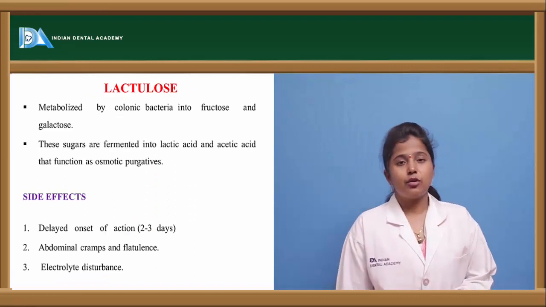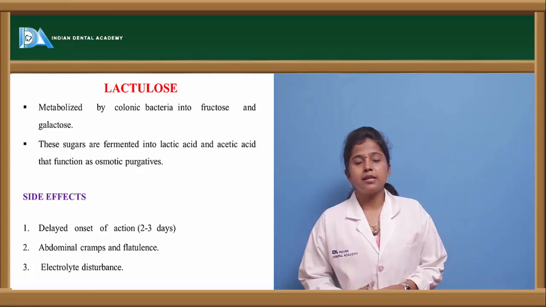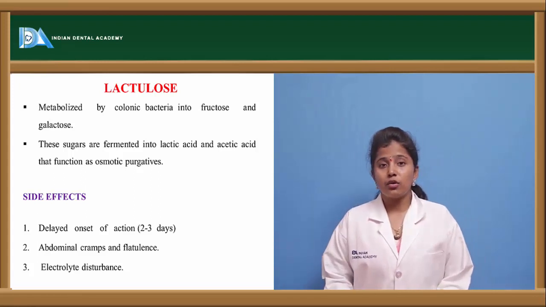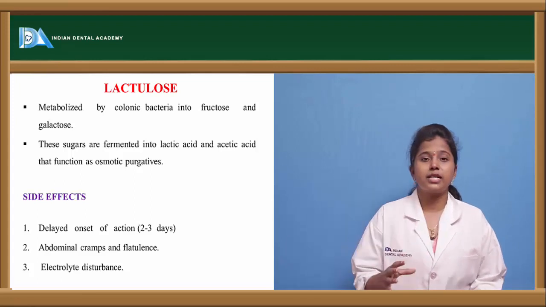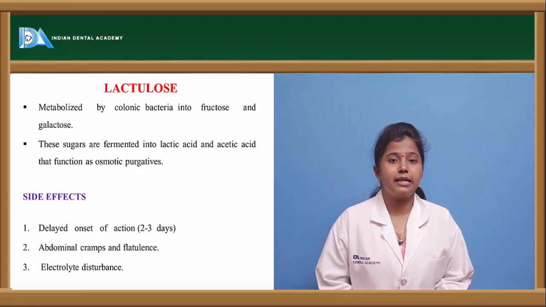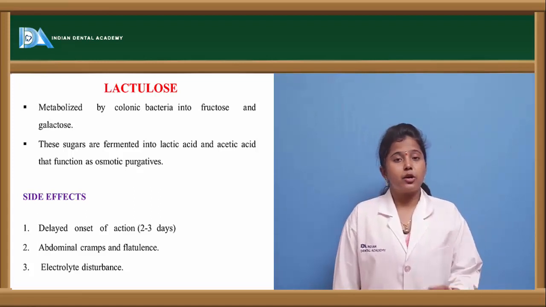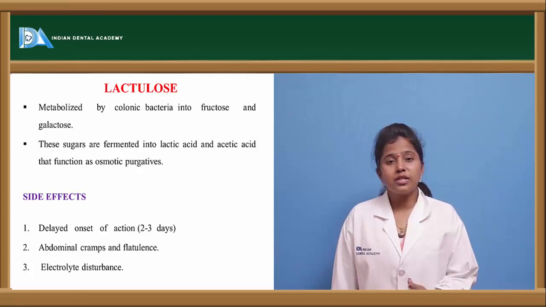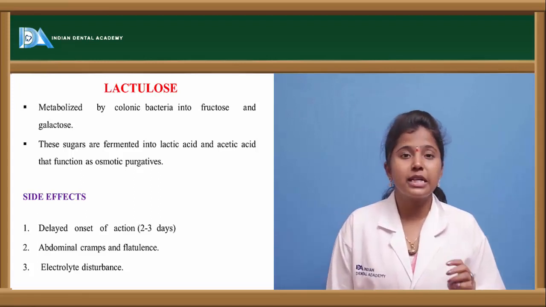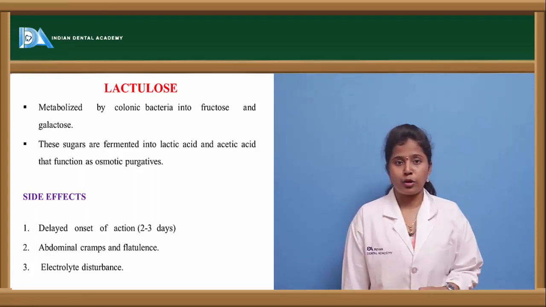Now lactulose. Lactulose is an organic form of osmotic purgative. When lactulose is taken into the body, in the colon we have some useful bacteria, and because of these bacteria the lactulose is metabolized to glucose, fructose and galactose, and the galactose is further degraded to glucose molecules.